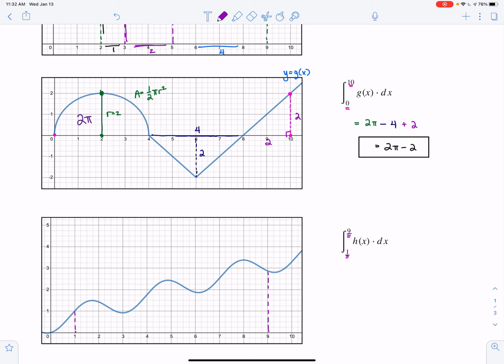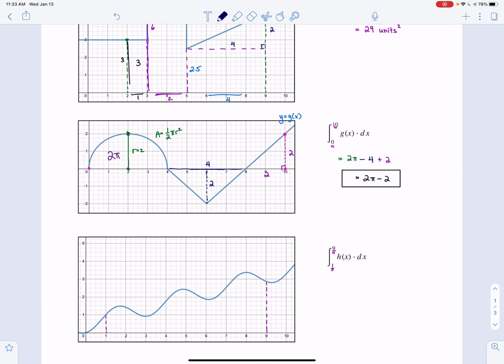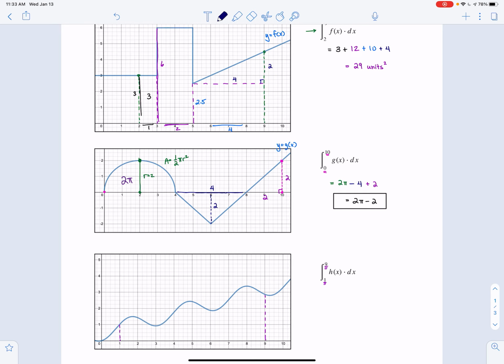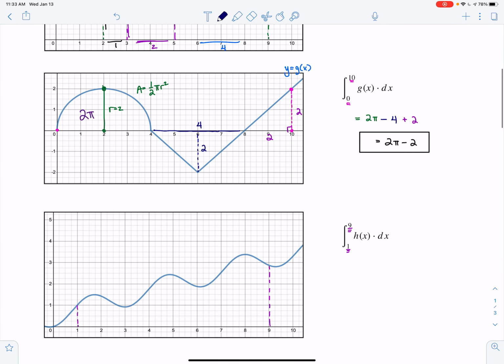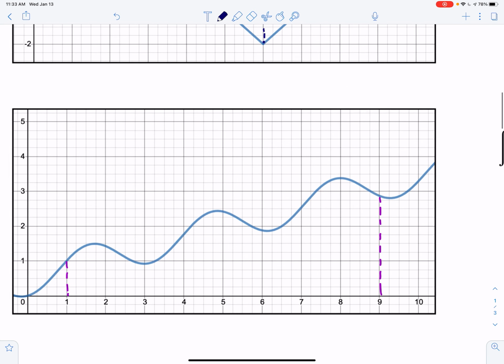So there's a method in calculus that says, well, just like we couldn't maybe necessarily find the area in one fell swoop of these first 2 functions, is there a way to break up this function here, function h, we'll call it that, into smaller, more manageable pieces? Maybe even pieces that we can find the area of. Well, there is, and that's what we're going to be spending this unit doing.